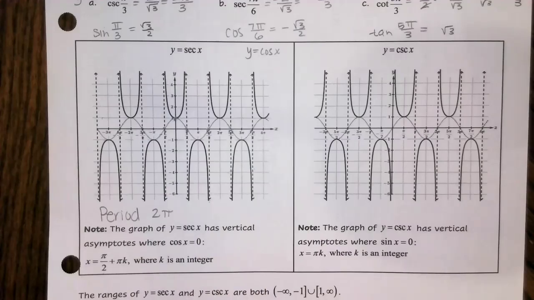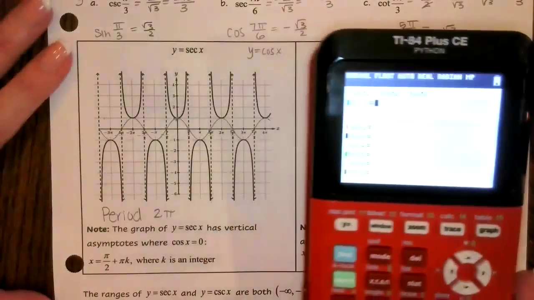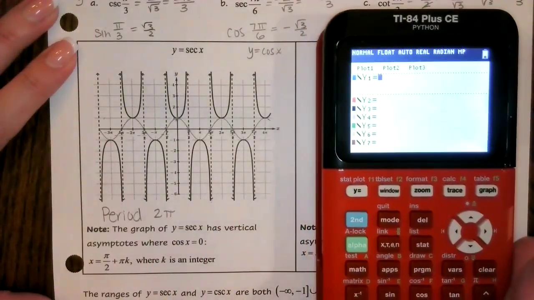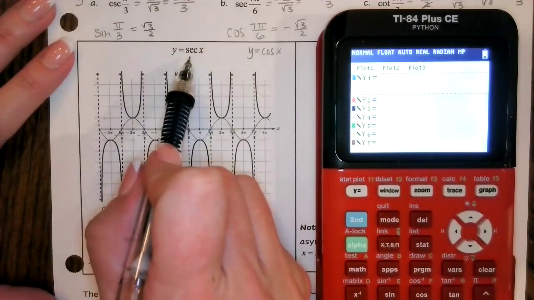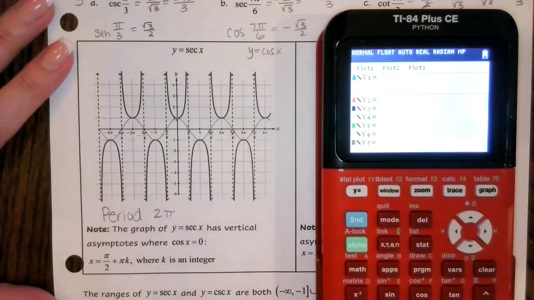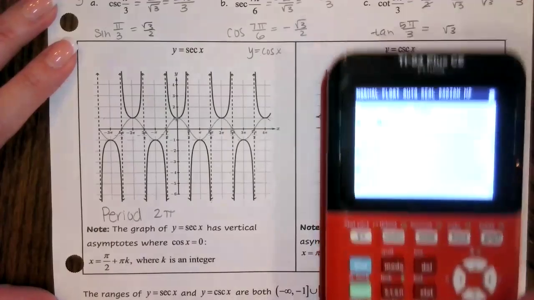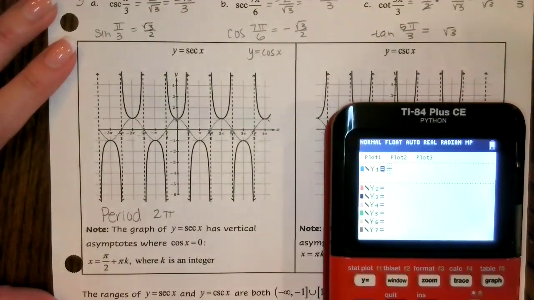Now, very quickly, I'm going to show you how to put that in the calculator. That way, when you have your calculator and you want to graph, you can do that. There is no secant button on the calculator. So to do this, we set it up as a fraction. I did alpha y equals to get that fraction bar, and I do 1 over my cosine of x.